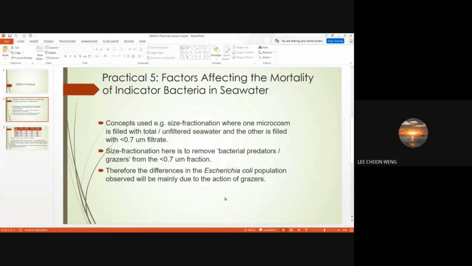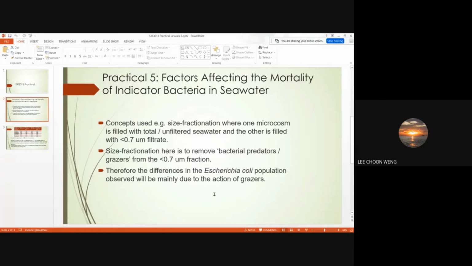It is also quite interesting because a lot of our wastewater, although treated, still has some E. coli in it. So what happens when the E. coli is discharged into the river? What happens to them? E. coli is a freshwater bacteria, but they are also grazed once they enter the natural river system.